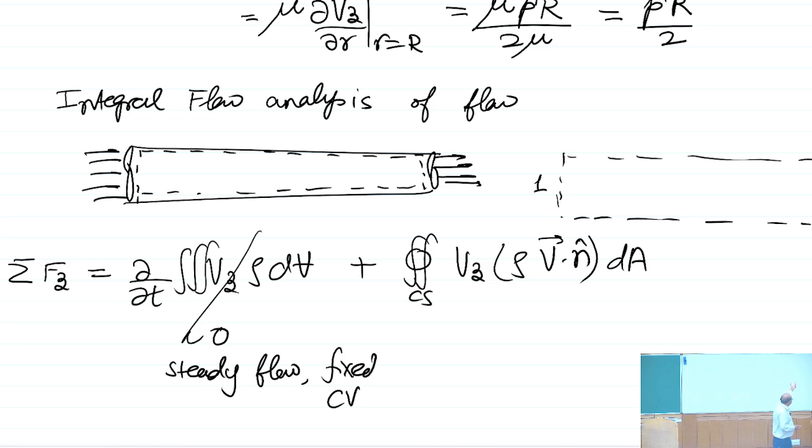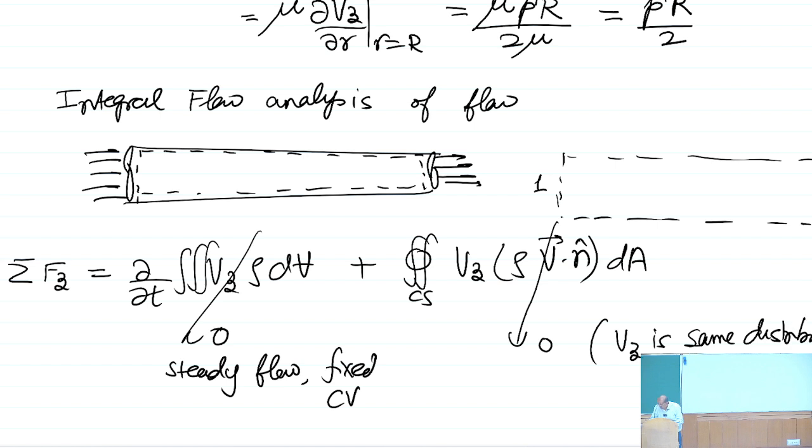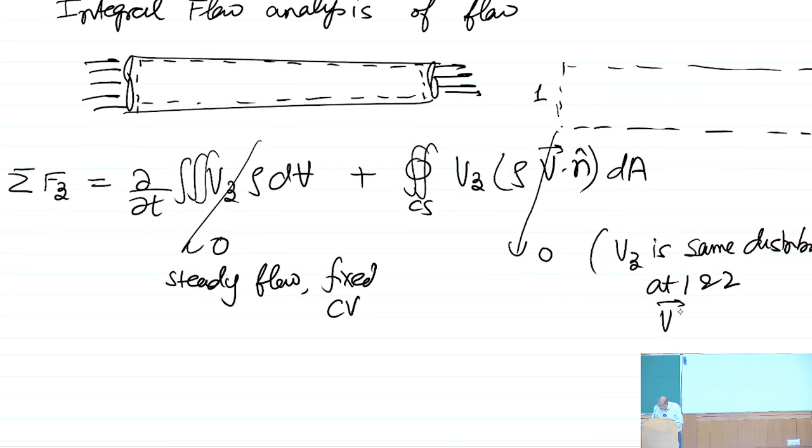So irrespective of the shape of the profile, this will give me a 0. For a fully developed flow, this will also be 0, because Vz has the same distribution at 1 and 2, and V dot n has opposite signs.